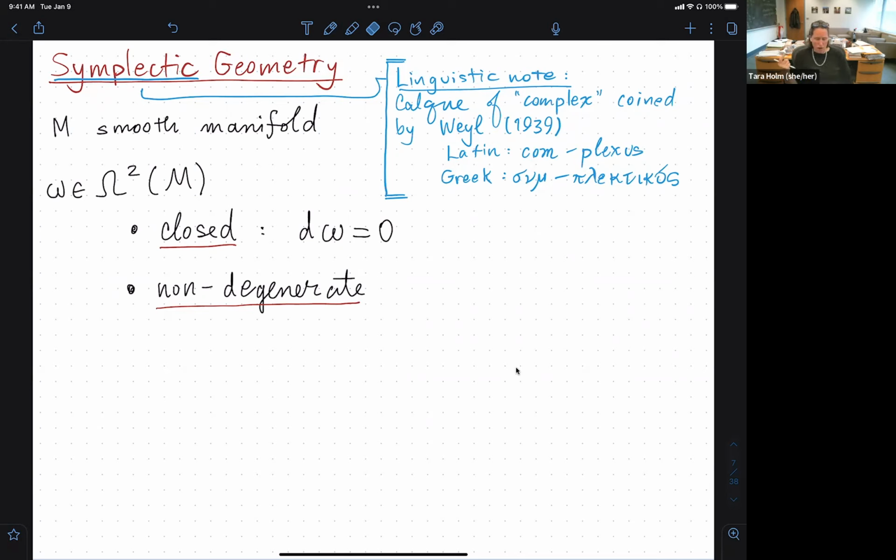And so Weil coined this term where he translated the word complex. There's of course a related notion of preserving a complex structure, and he translated that into Greek. So the Greek syllable by syllable translation, com means together, and that gets translated into sim, and plexus means braided, and the Greek word for braided is plektikos. So that's where the word comes from, just a linguistic curiosity.